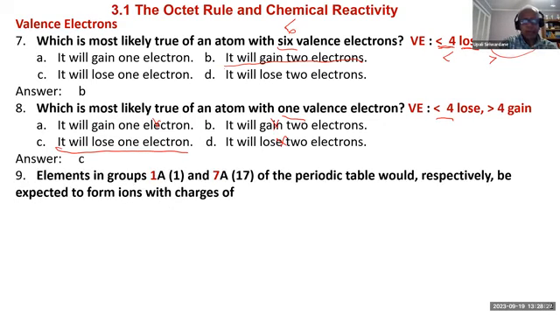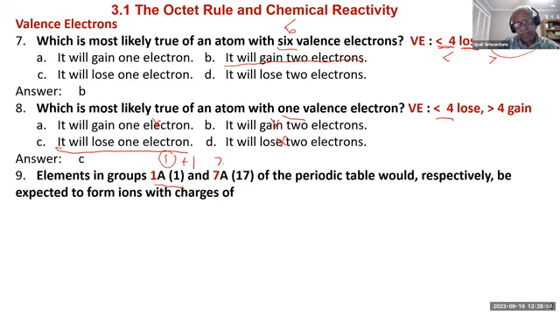Now we're going to look into a few more examples. 1A is the same as group 1, 7A as group 17. This has 1 valence electron, this has 7 valence electrons. If something has 1 valence electron, they make a positive 1 charged species.